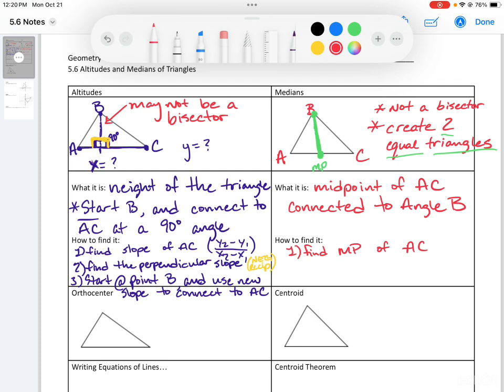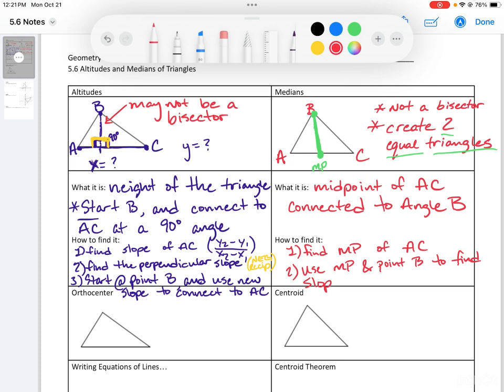So after you find the midpoint of AC, you would use your midpoint and point B to find slope, and then step 3, connect.